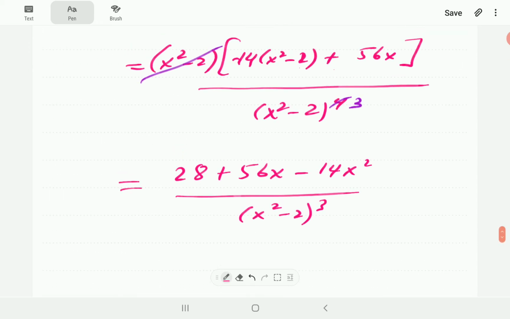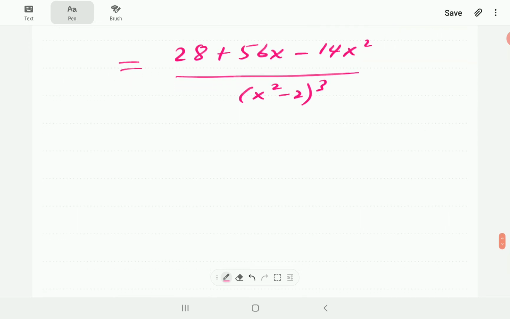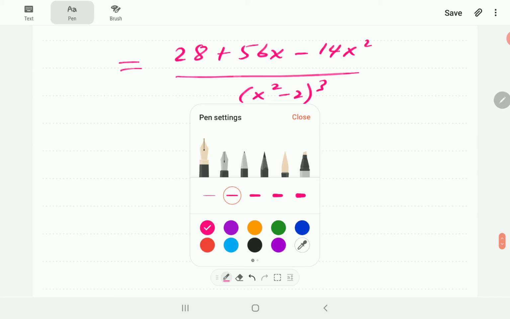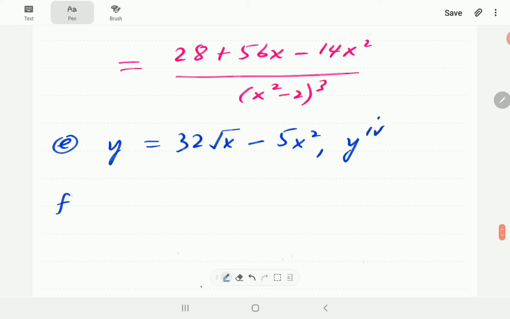Okay, what we're going to do now is we're going to give you the opportunity to have a go at a few exercises. You're going to start with E. So in E we have got 32 times square root x minus 5x squared. You're going to want to find the fourth order derivative.